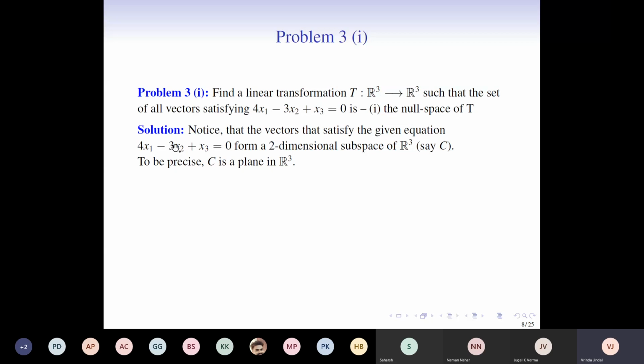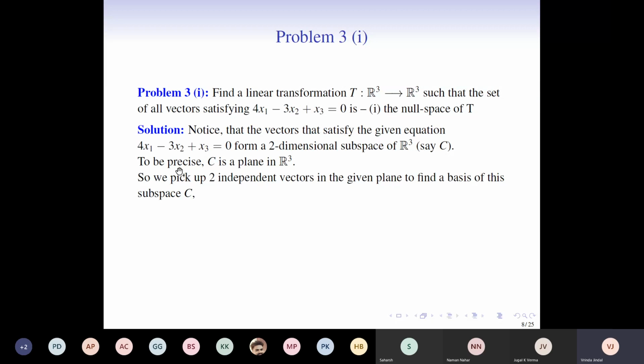This will give us a plane in the three-dimensional space, and a plane is basically a two-dimensional subspace of R3. So all the vectors that satisfy this equation lie on the plane that we choose to call C. So it is a two-dimensional subspace of R3.